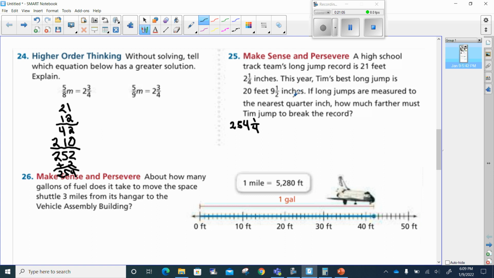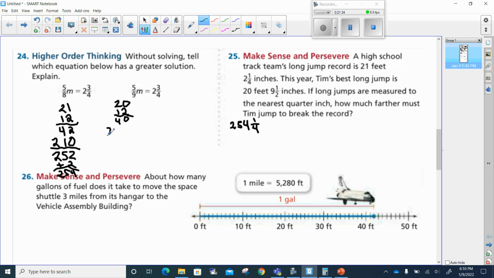All right, and then over here, let's see, we've got 20 feet and 9 1/2 inches. So that's going to be 20 times 12, because there's 12 inches in every one of these feet. 2 times 0 is 0. 2 times 2 is 4.